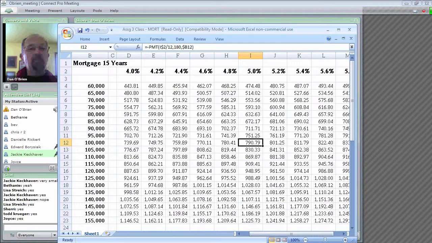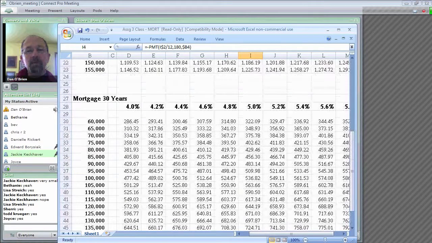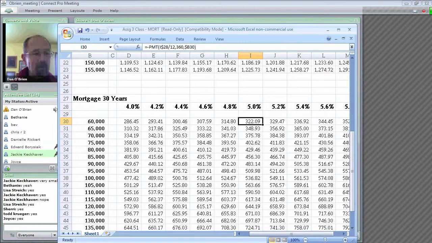Let's say it is a mortgage of $60,000 and you're paying 5%. Well, 15-year, you got to give them $474. 30-year, you only have to give them $322. You'll notice it's not double. Your monthly payment isn't double if you pay it off in 15 years.